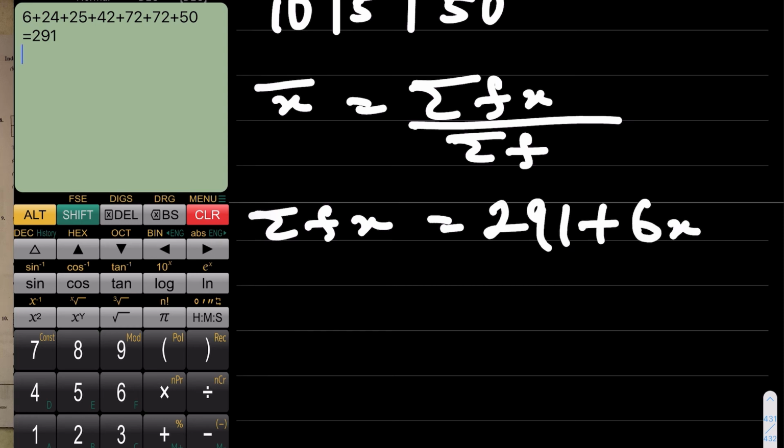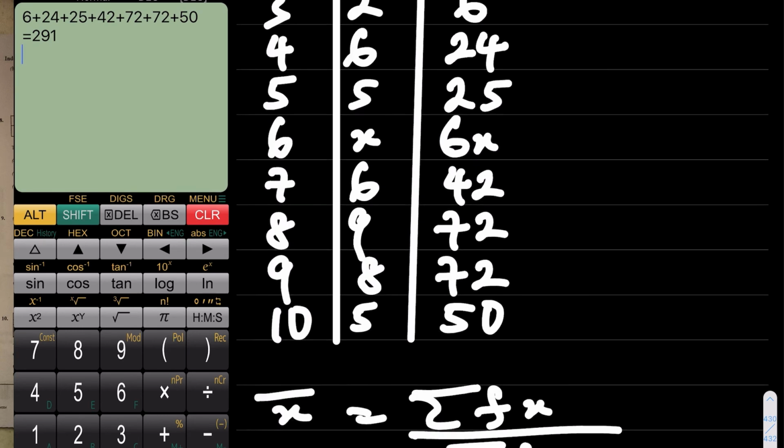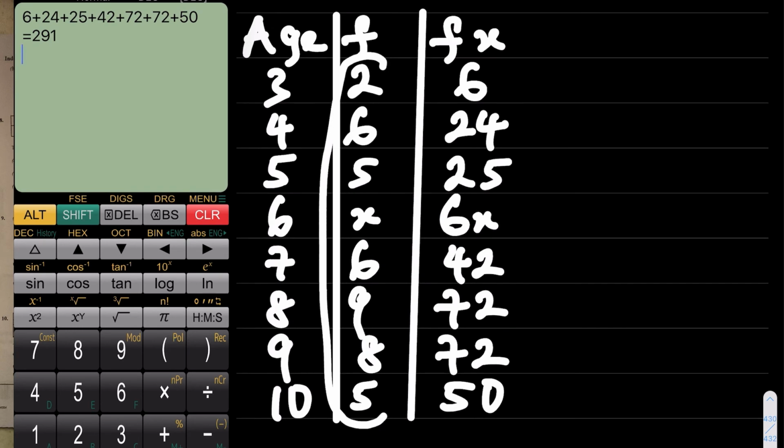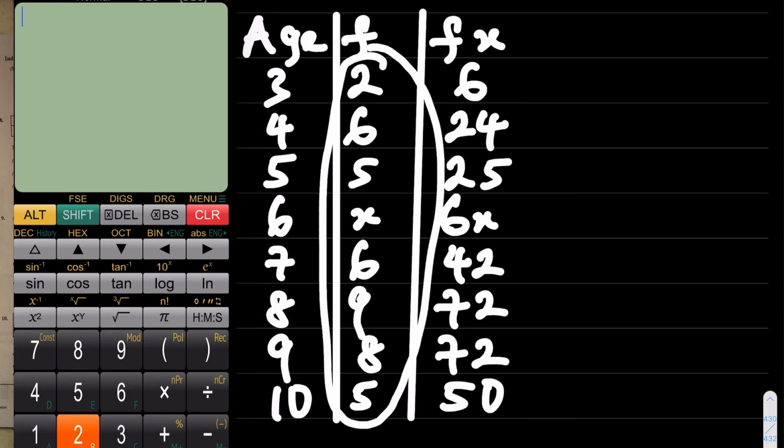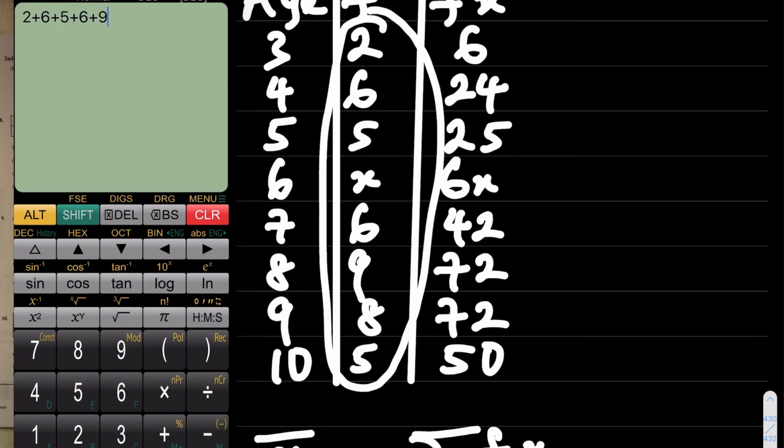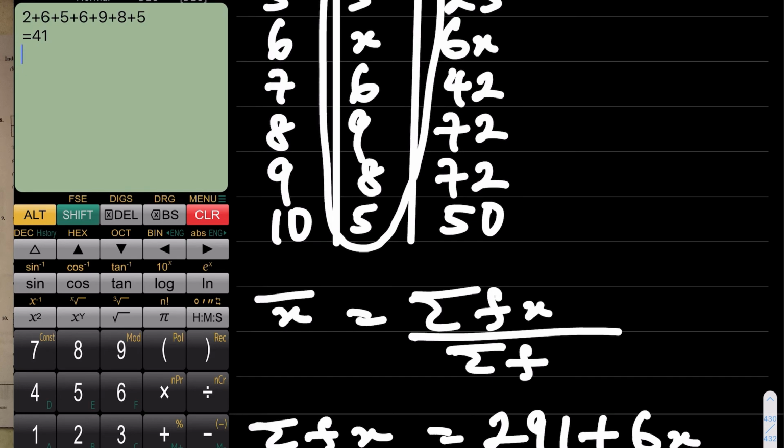And summation f equals the sum of all of the entries on this column. That's 2 plus 6 plus 5 plus 6 plus 9 plus 8 plus 5, and that's 41 plus x. We don't know the value of x yet.